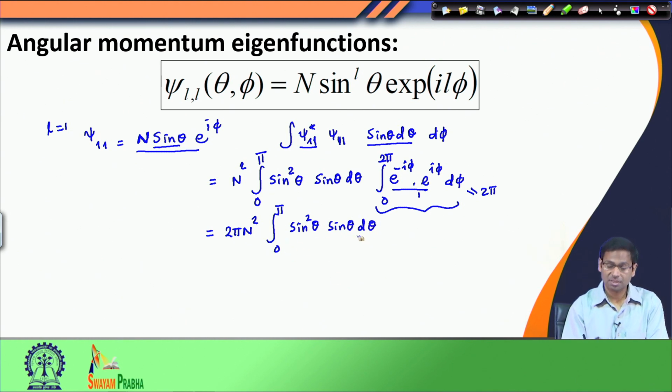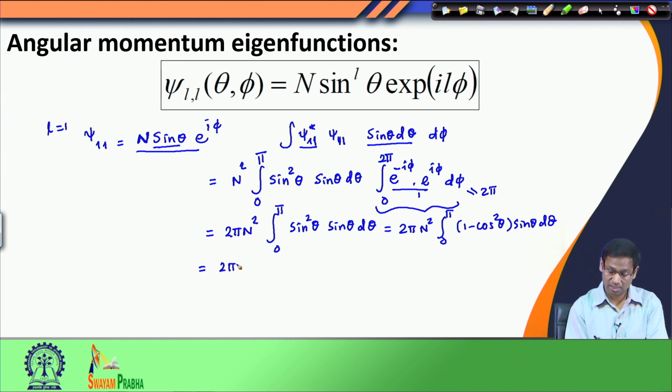When I have such a situation, what I would do is express this, instead of writing sin square theta, as 1 minus cos square theta, times sin theta d theta.